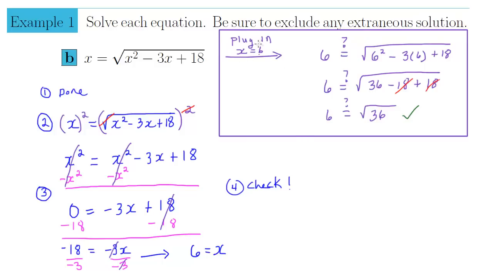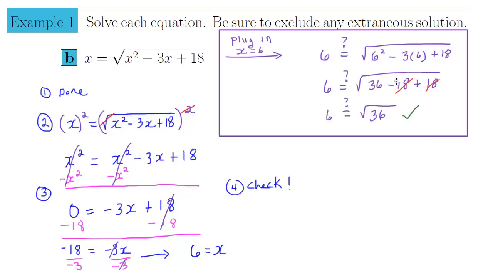So here's the work for my check. I go back to the original equation and I plug in x equals 6 everywhere I see x. So I'll get 6 equals 6 squared minus 3 times 6 plus 18. I go ahead and work out these operations. 6 squared is 36.